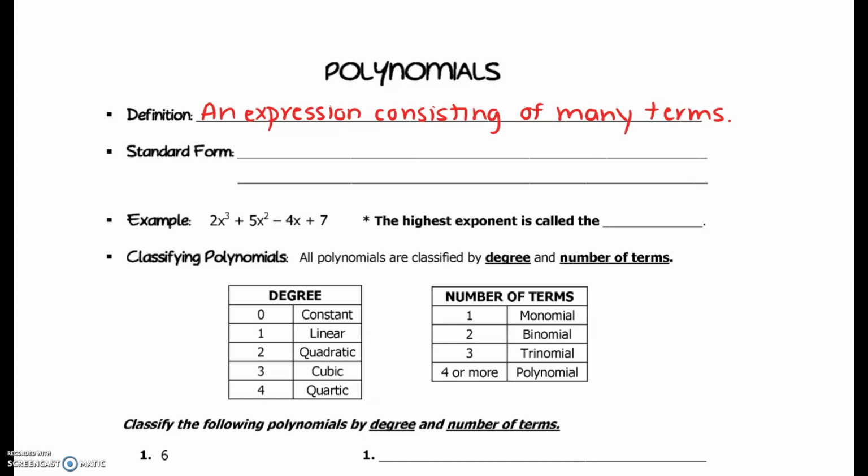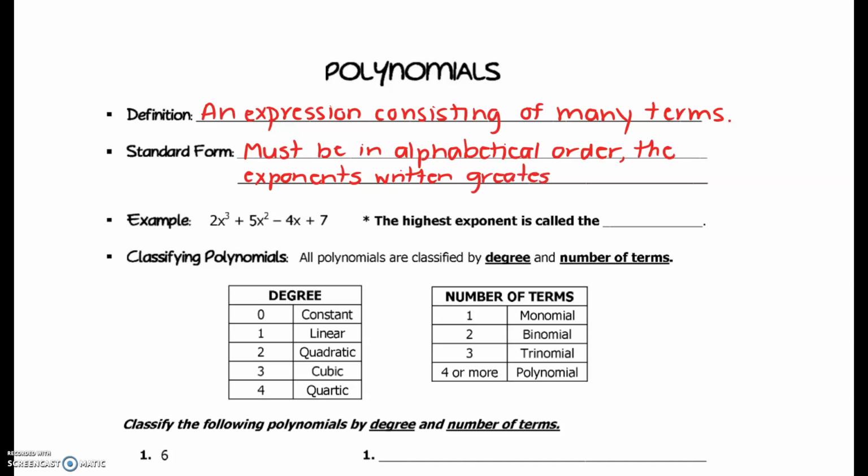Now in standard form, we want to write our final answers in this format, and what that means is it must be in alphabetical order and then the highest exponent, or the exponents, written greatest to least.